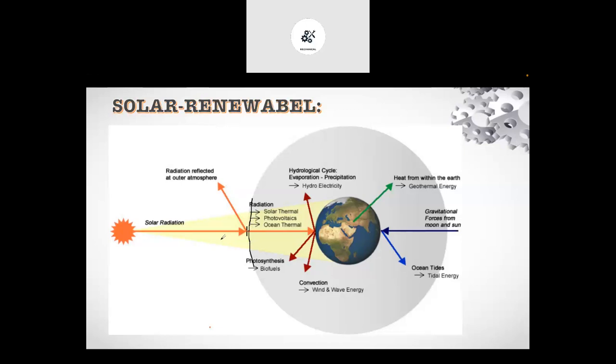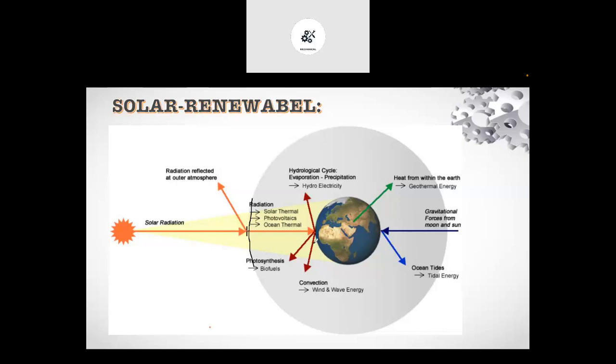Then the remaining radiation enters the earth atmosphere and hits the earth surface. Okay, now this radiation which is actually hitting the earth surface, we are going to use to generate power, and for many other applications like thermal applications and other things.